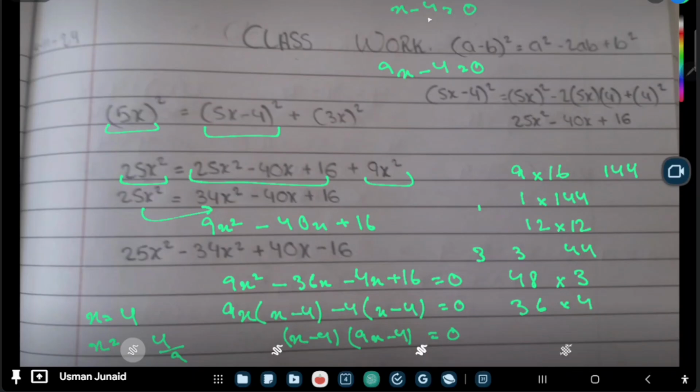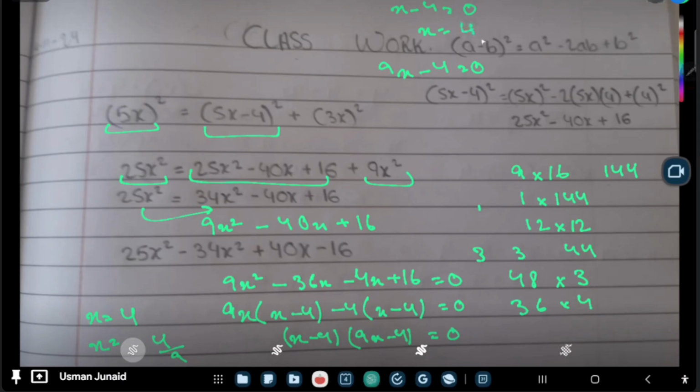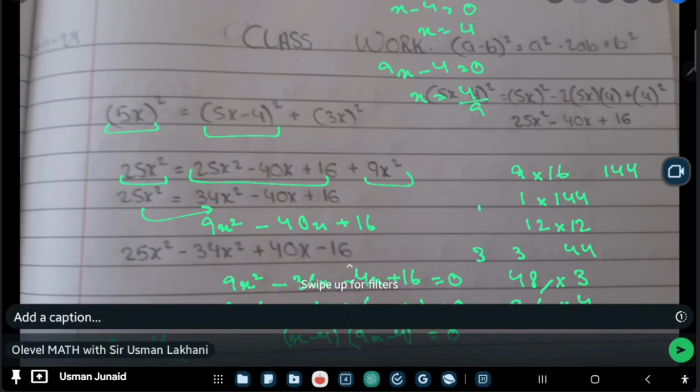Can we rearrange this and write x is equal to 4? Can we rearrange this and write x is equal to 4 by 9? Can we do that? Sir, I don't get this part. Okay. Since we have this question here, we have two things multiplying.